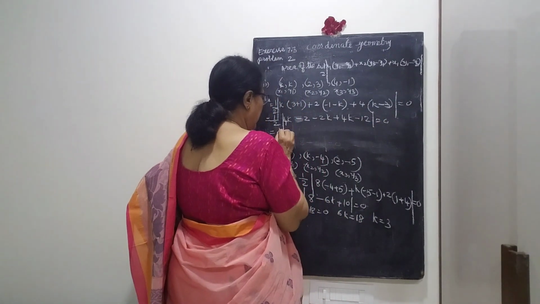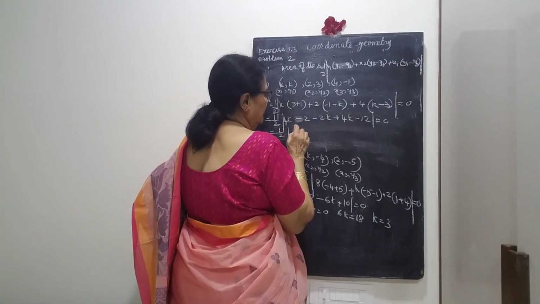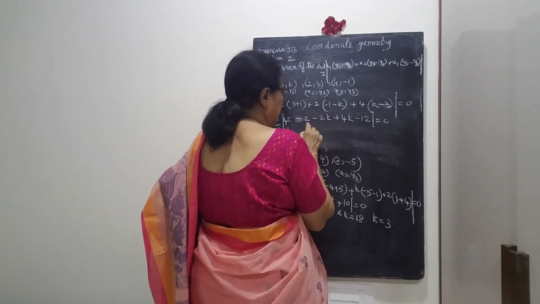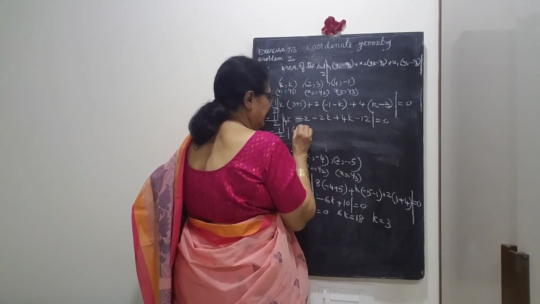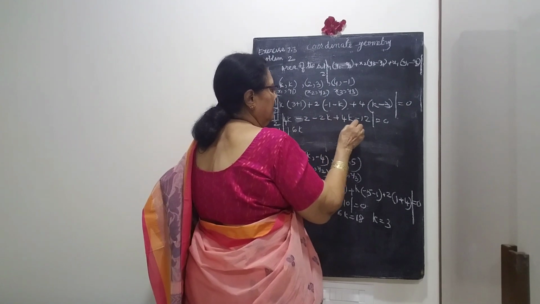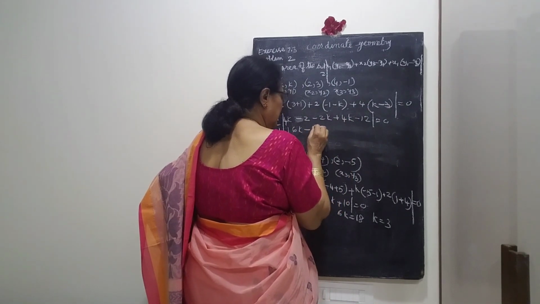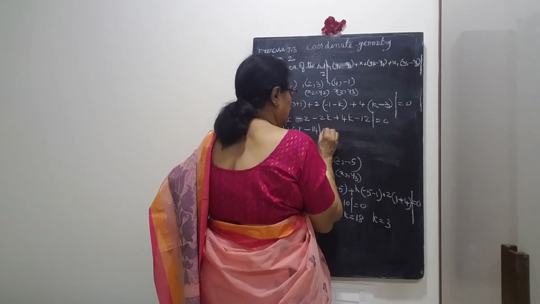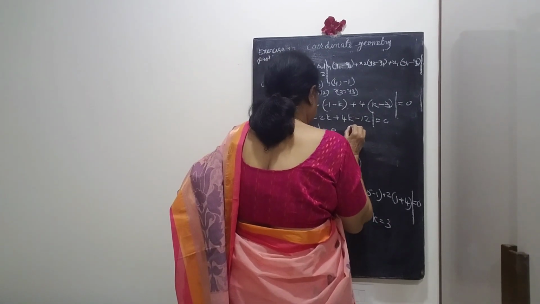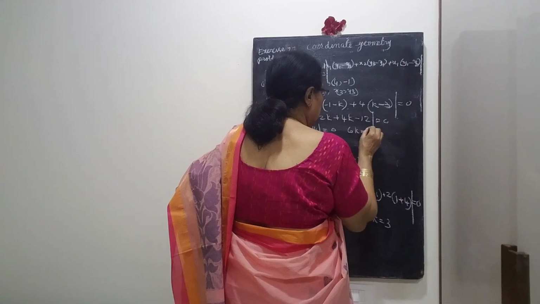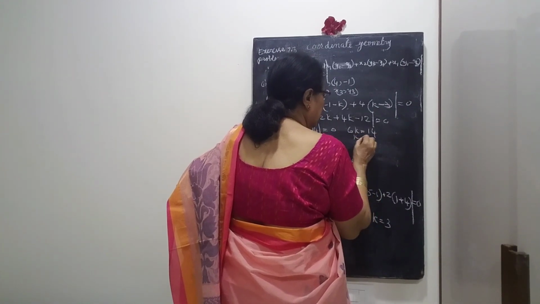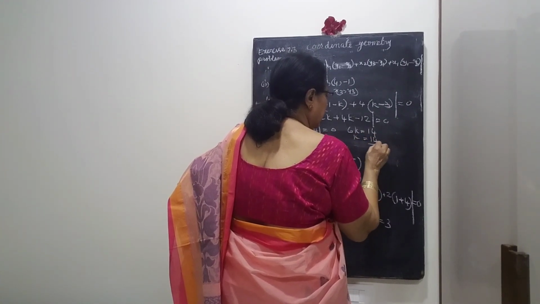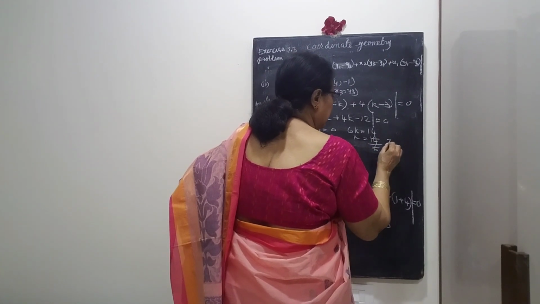So, half into 4k, 4k plus 4k is 8k, minus 2k is 6k. Minus 12 minus 2 is minus 14. So this is equal to 0. 6k is equal to 14. k is equal to 14 by 6, that is equal to 7 by 3.